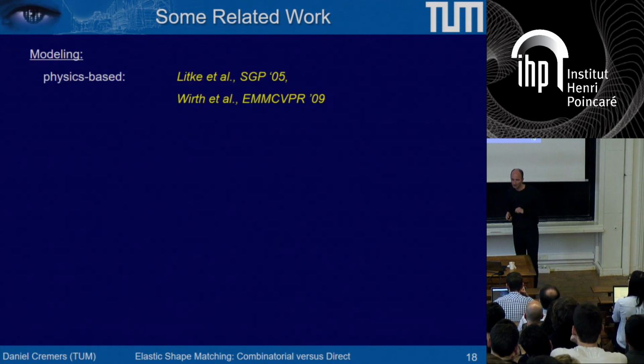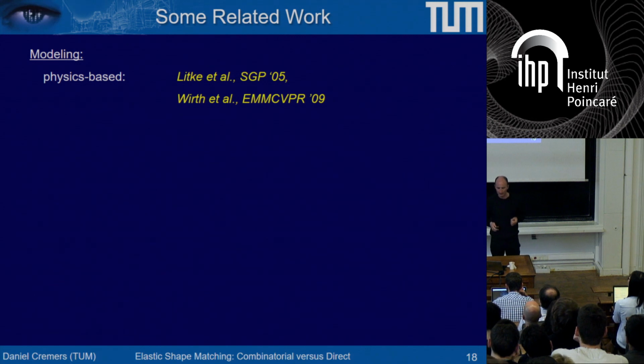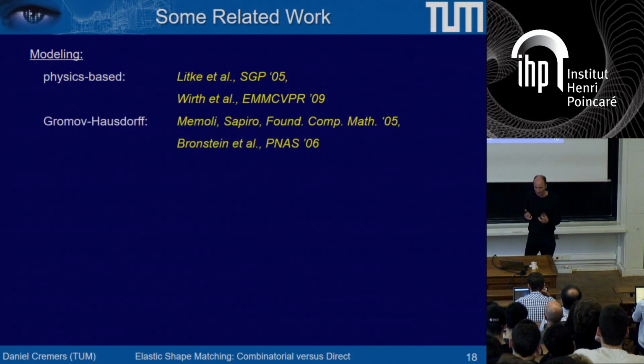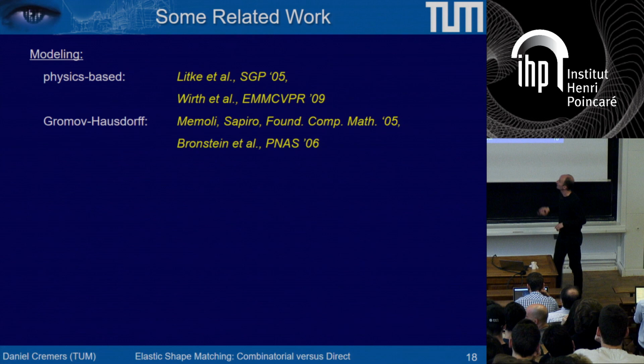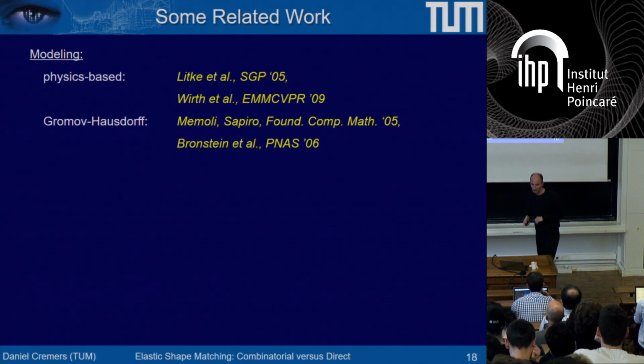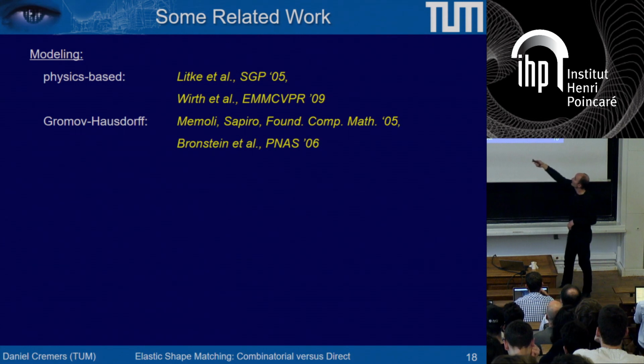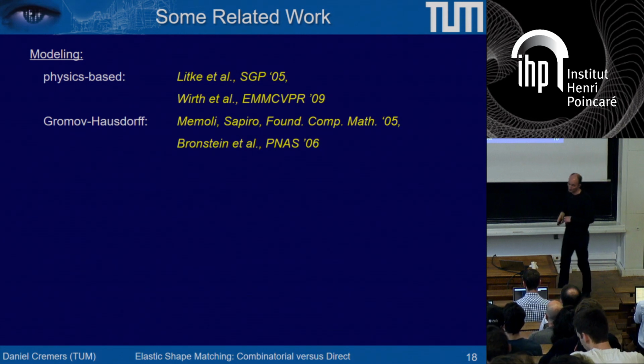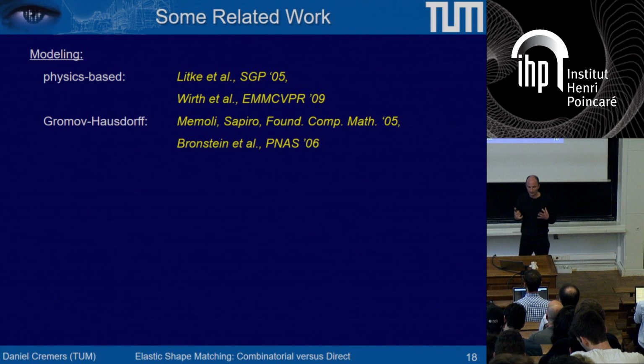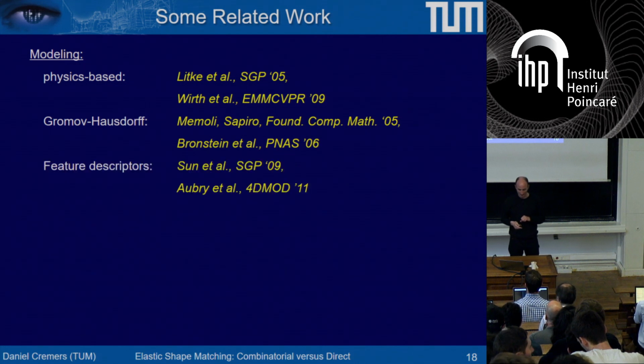But before I go into that, some related work. This is just a little bit of related work on shape matching and shape similarity. One work that inspired us is by Martin Rumpf and his students over the years, who used the so-called thin shell model to measure shape similarity. But there's also the Gromov-Hausdorff approach by Mémoli and Sapiro that you can use for shape analysis.